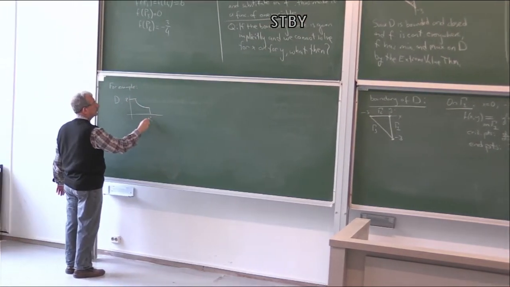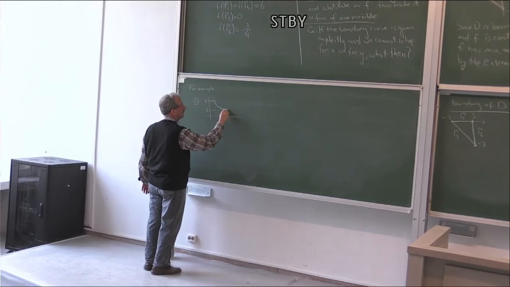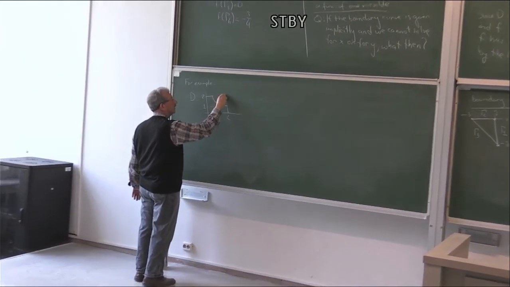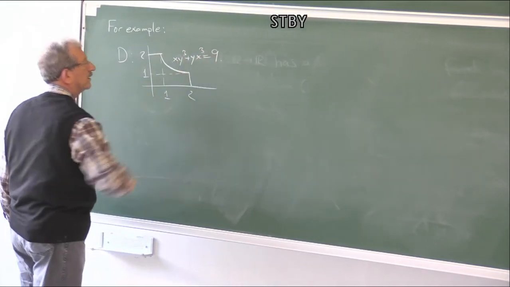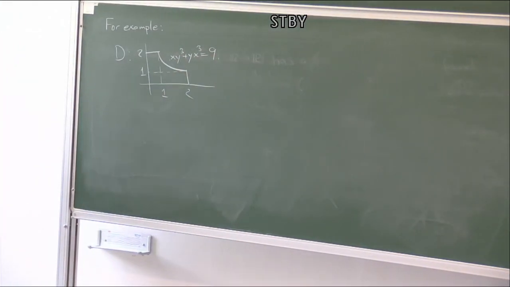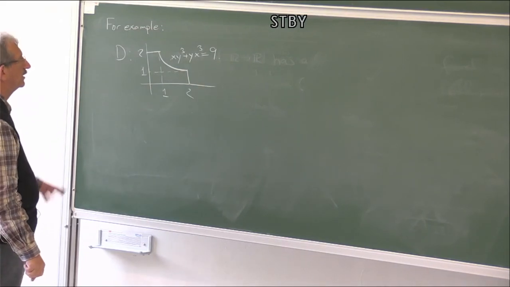These are 2's, these are 1's, and this is xy cubed plus yx cubed is 9. Does that make sense?